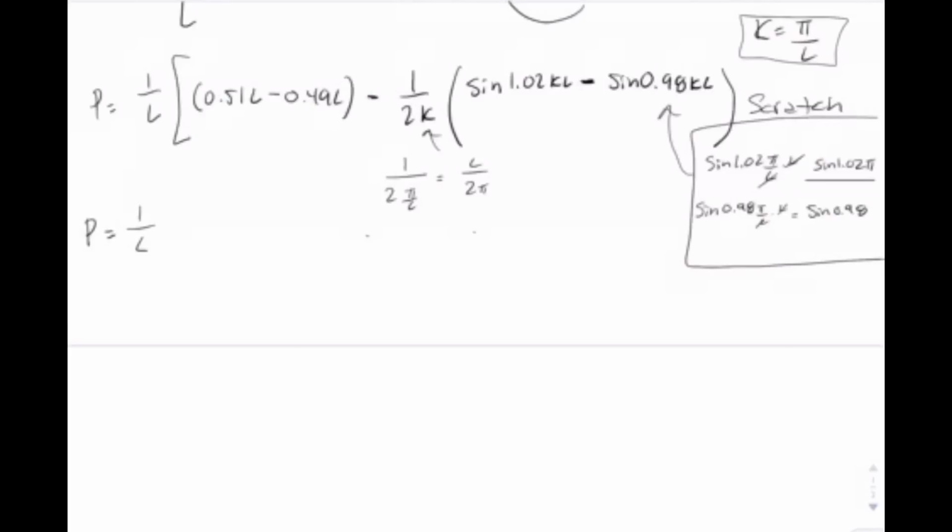So we have 1 over L times 0.02 L minus L over 2 pi times the sine of 1.02 pi, which is 0.559, minus 0.0537.